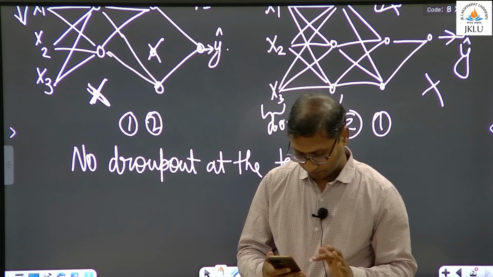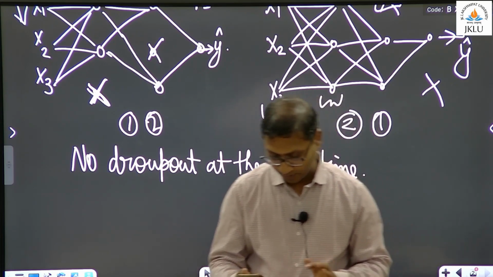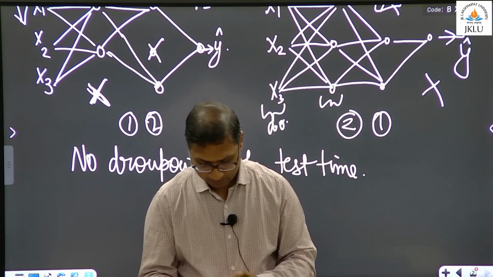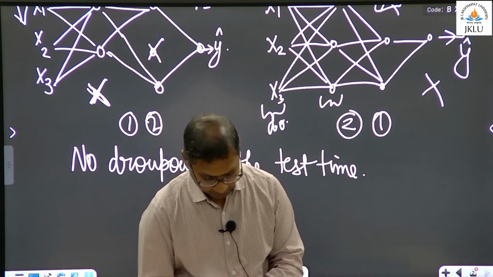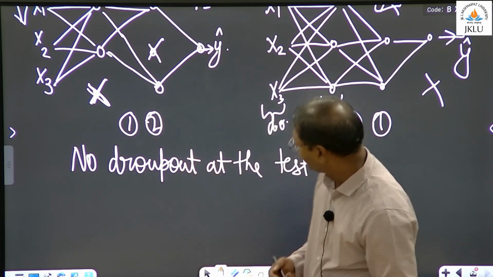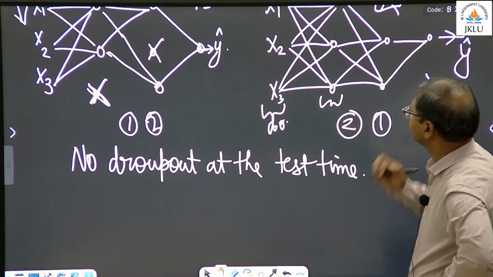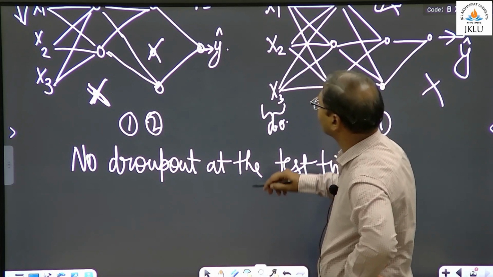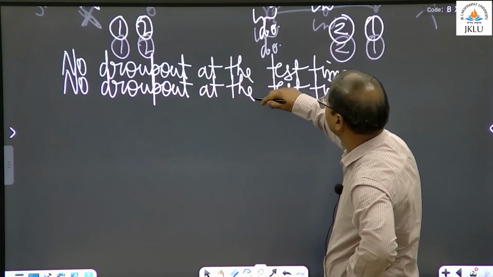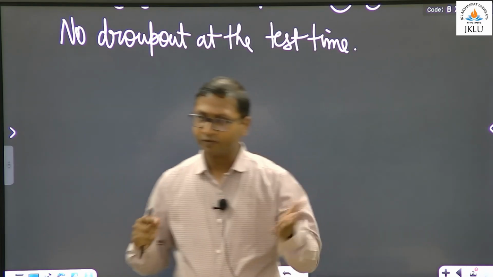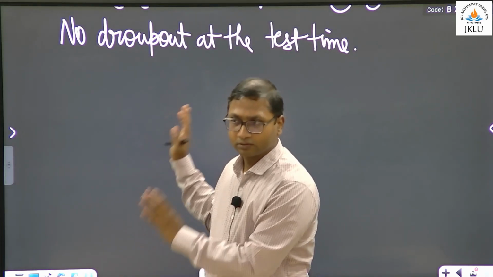Okay, so I think with this I am more or less done with whatever I had to say about dropout. But I will make separate videos for L1, L2 and dropout that go into more detail.